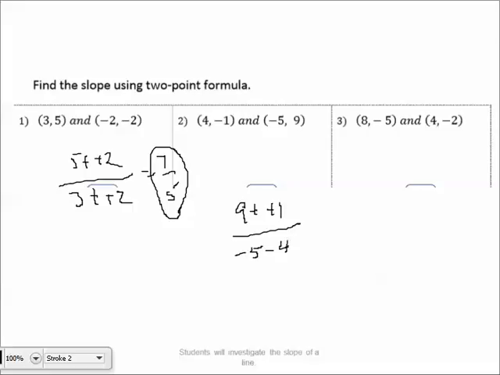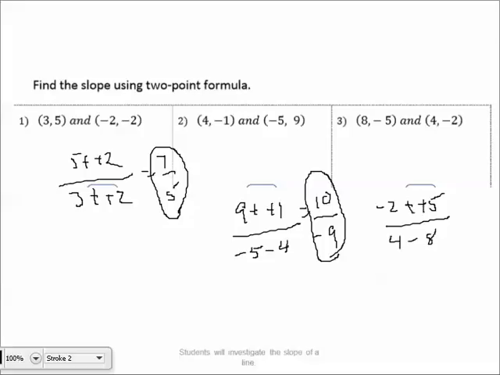Well, plus plus, this is equal to a 10 divided by a minus 9. Leave it like that. It's a fraction. It works. Okay? Negative 2 minus a negative 5 divided by 4 minus 8. Plus plus, I'm going to get a 3 divided by negative 4. Leave it like that.